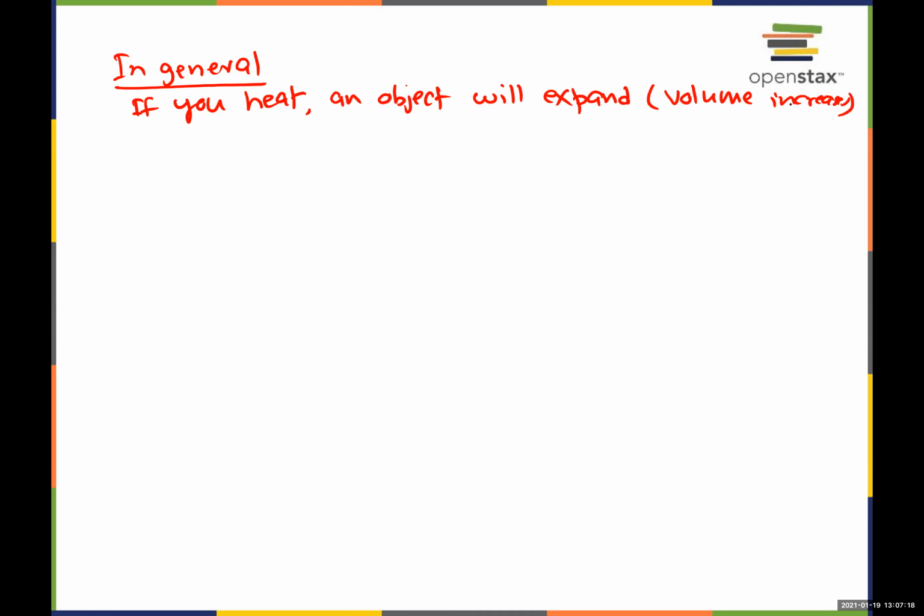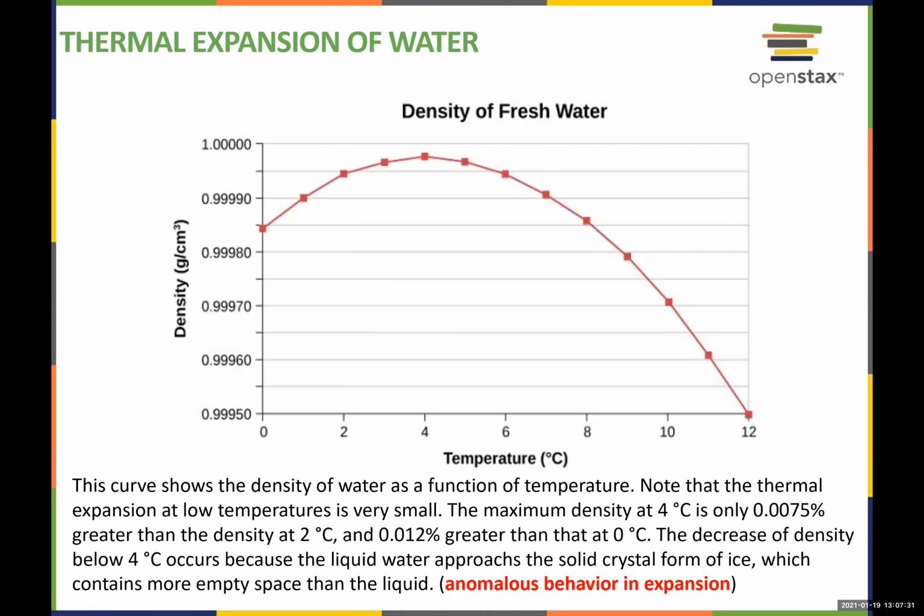But water has a different kind of property. Let's start with the graph. You see that water has its highest density at 4 degrees Celsius.